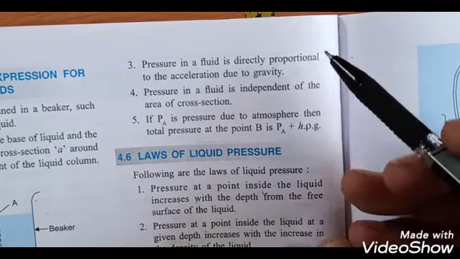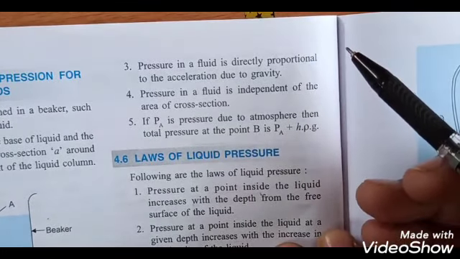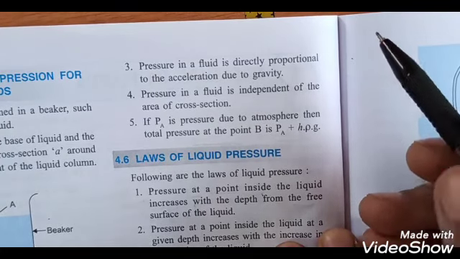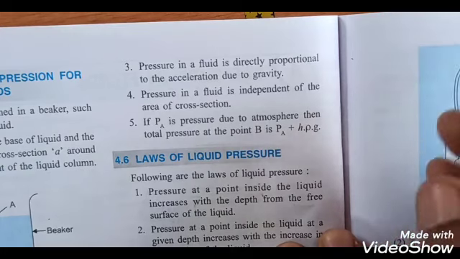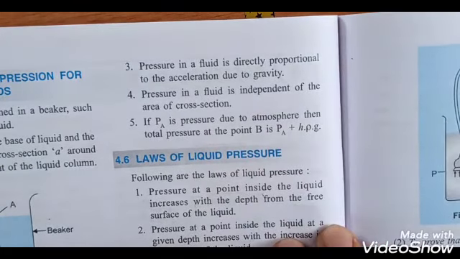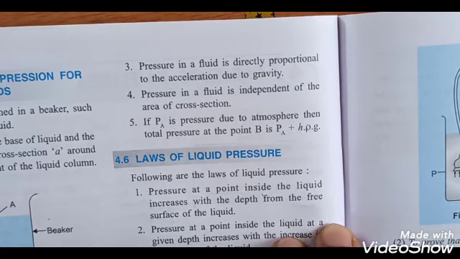More the value of g at a place, more is its pressure. If we take the same liquid, at the same height in the same vessel, on earth and on moon, then where will the pressure be more? On earth, because acceleration due to gravity on earth is more. Therefore pressure is more.